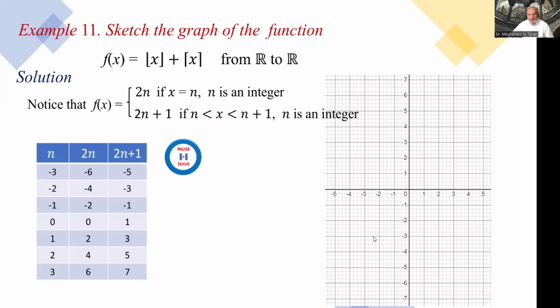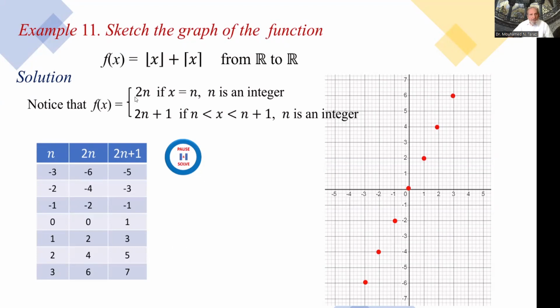We're doing 2n, this line here, okay? -3, you get -6. -2, you get -4. -1, you get -2. And then 0.